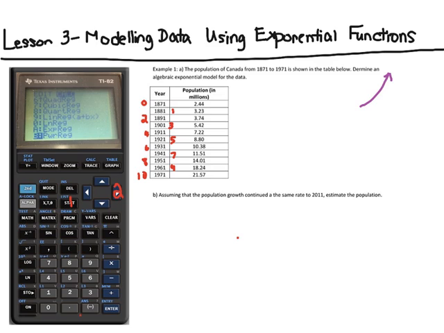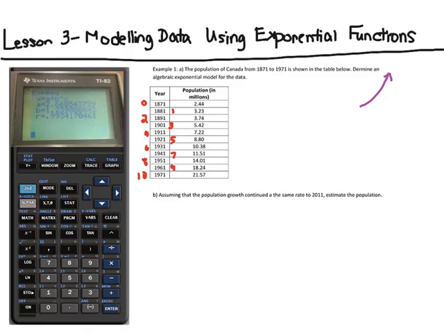You can hit down, down, down until you get to A and push enter, or you can push alpha and then A, which is math, and that will also get you the exponential regression. Then you push enter and it'll calculate your exponential regression, which should look like this.